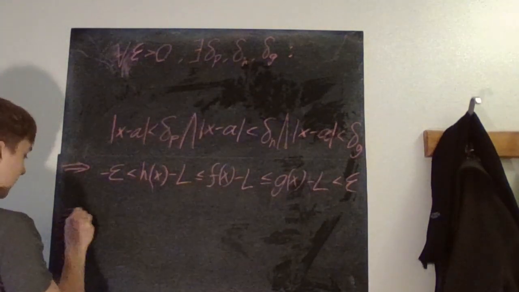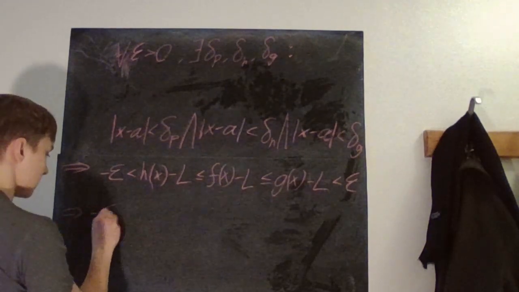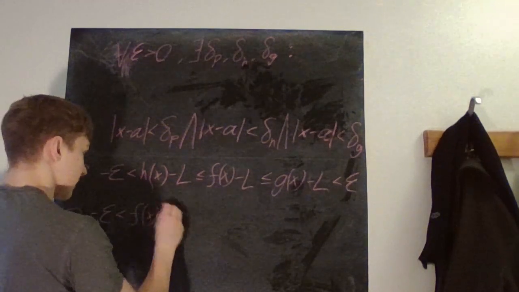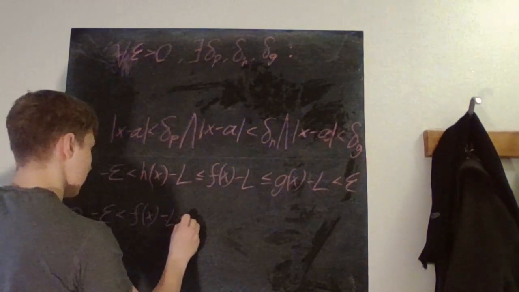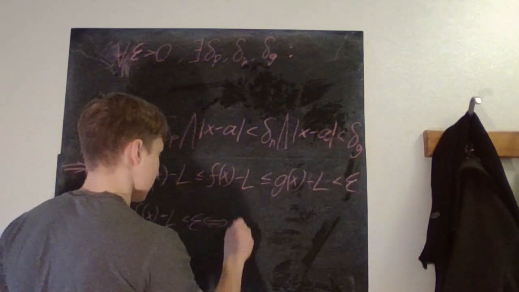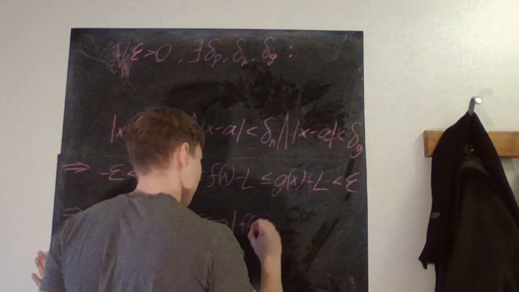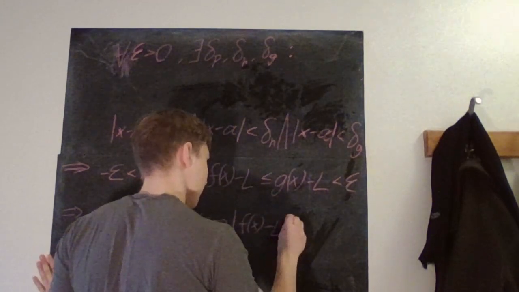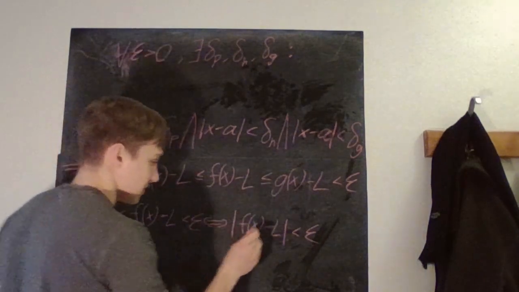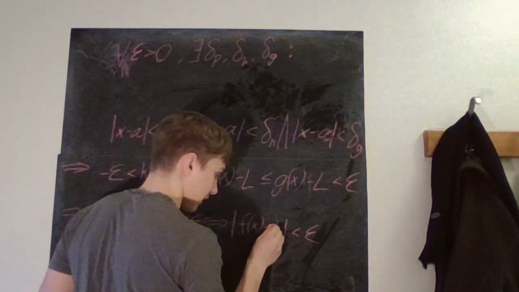This implies that minus epsilon is less than f of x minus L, which is less than epsilon, which is equivalent to the absolute value of f of x minus L being less than epsilon. And this is what we wanted to get to.